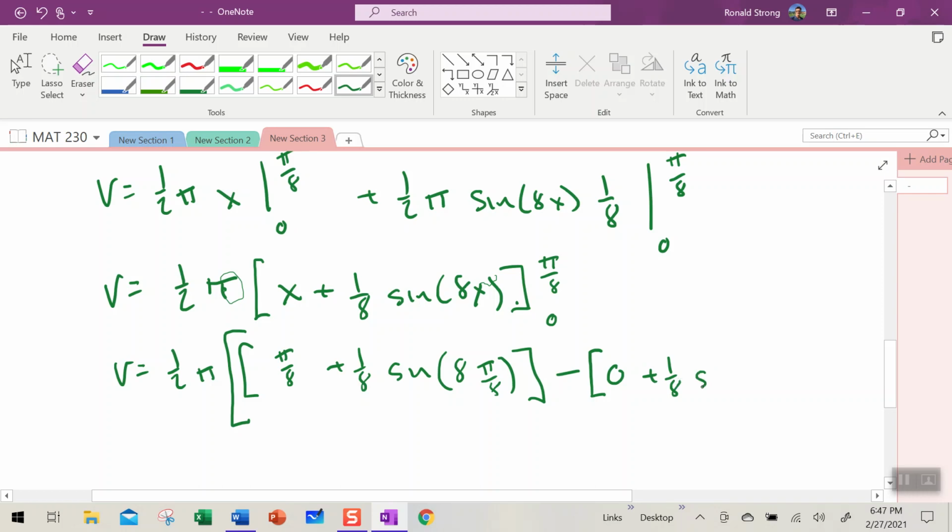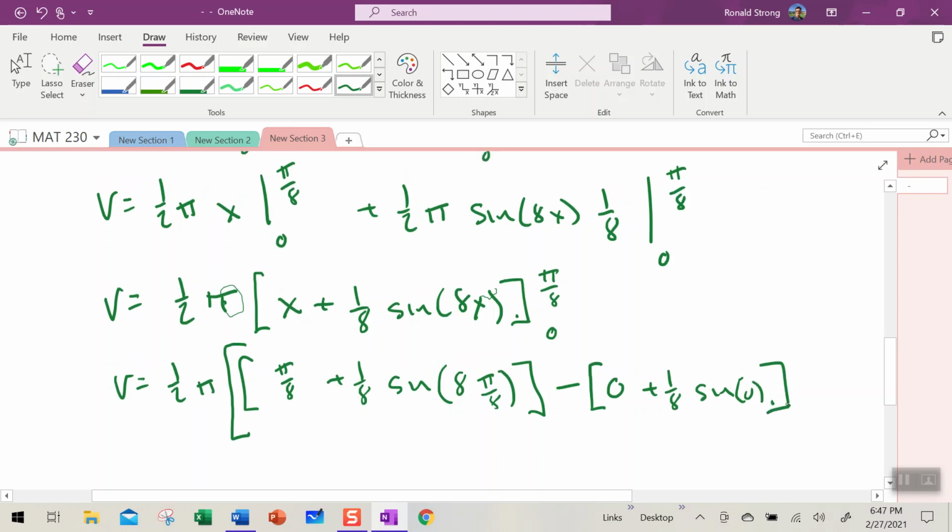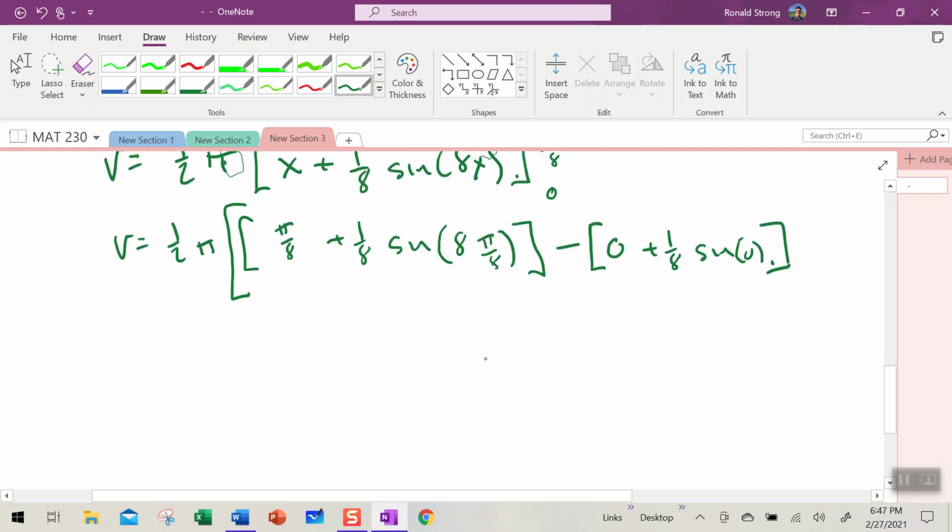The sine of 8 times 0 is going to be the sine of 0. And then we're getting close. So the volume is 1/2 pi times pi over 8. And now the sine of 8 times pi over 8, divided by 8, is just the sine of pi. The sine of pi is 0, so all of this just becomes 0 minus, over here, the sine of 0 is 0, so all of this just becomes minus 0.